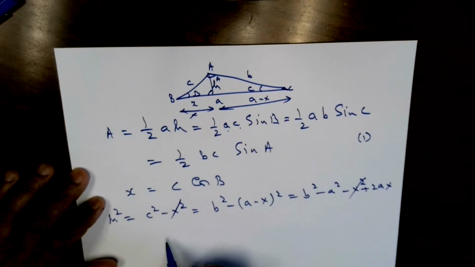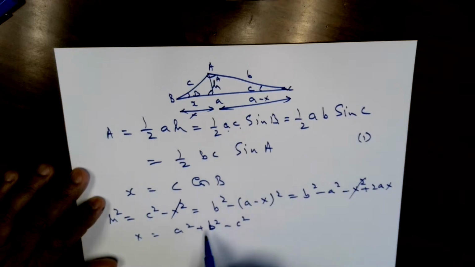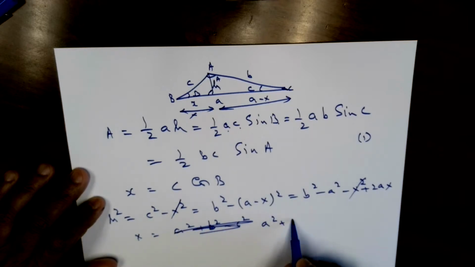So x squared cancels, giving us the relation: I'm going to bring it to this side. So x equals a squared plus c squared minus b squared over 2a.